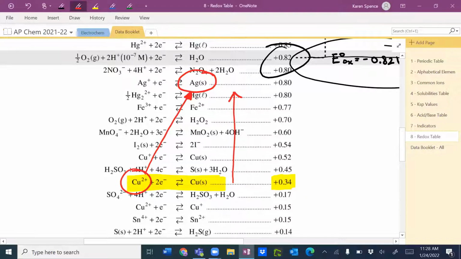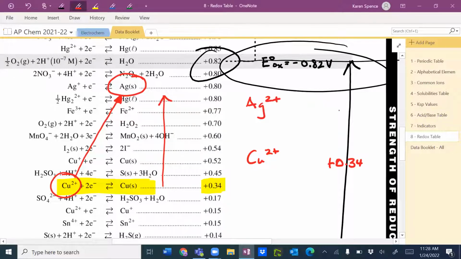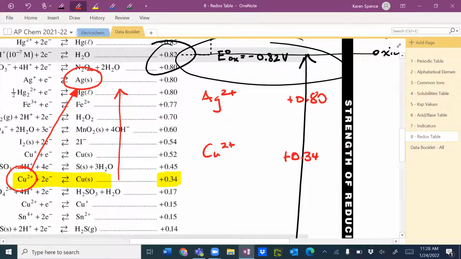If you did not have a chart like this, which you will have for the test on Friday, but on the AP exam, you won't have it, they could give you Cu2+ with an oxidation potential of plus 0.34, and silver plus with an oxidation potential of plus 0.80. And you can say, for that to be going backwards would be negative 0.80.